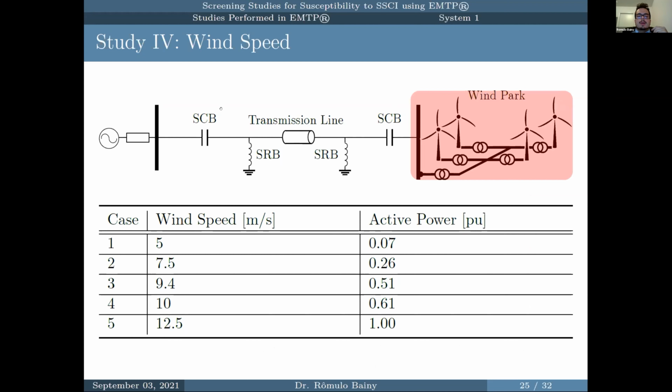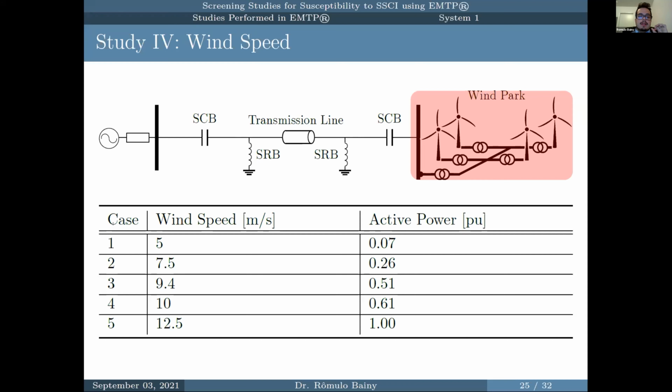We varied the shunt reactor banks and the series compensation banks, series capacitor banks. We varied the shunt reactor banks, and then we also removed them just to see how that would affect our study. But now we are focusing on our wind park.